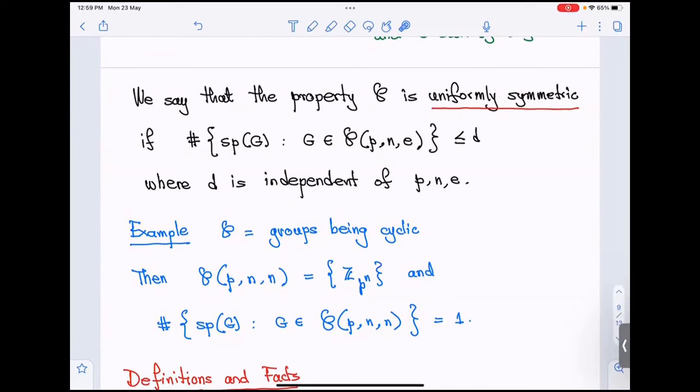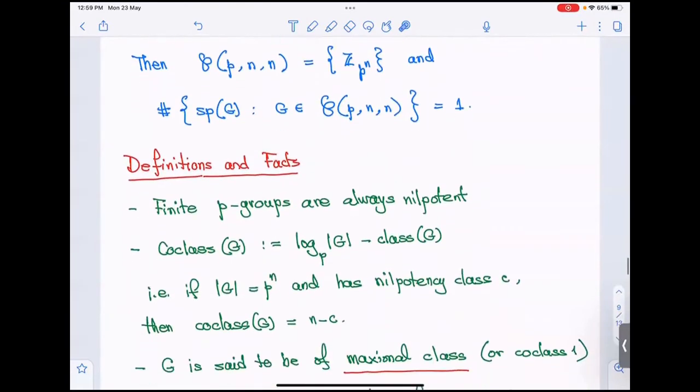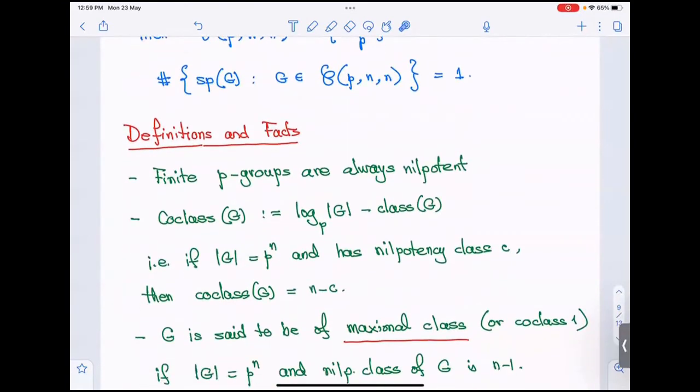Before I go to the next result, let's just brush up on some definitions. A finite p-group is always nilpotent. This is again a standard fact.